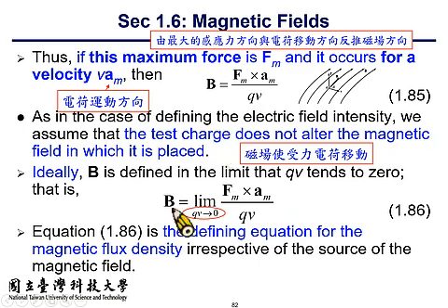So B can be rewritten as equation 1.86. For a very small charge, that is Q goes to 0, the magnetic flux density can be found by Fm cross Am divided by QV.